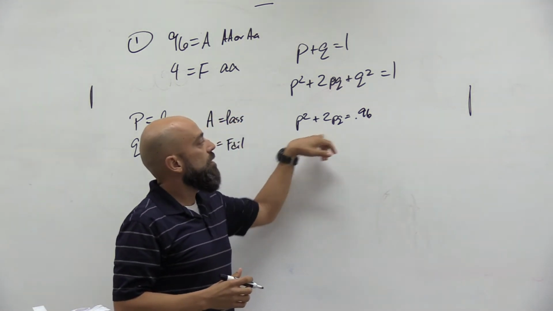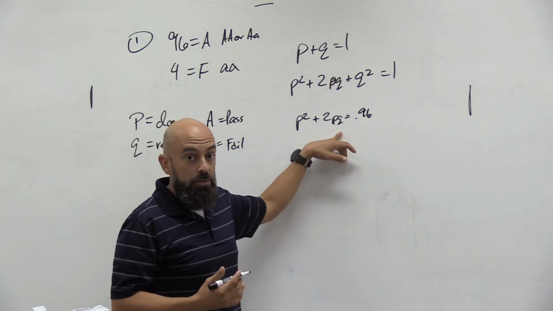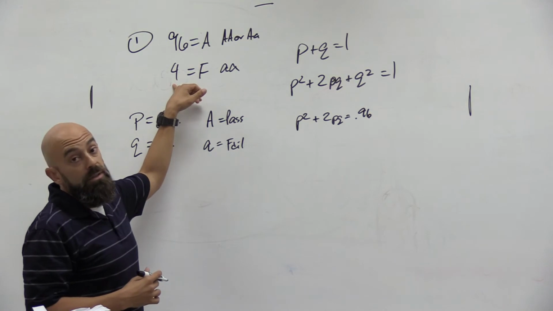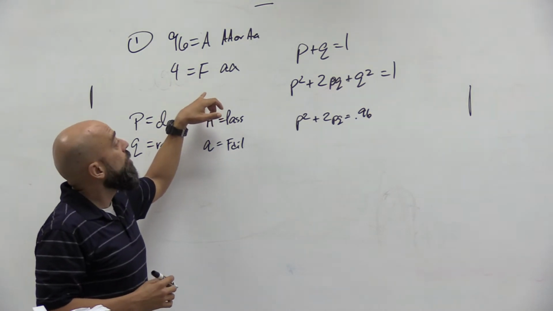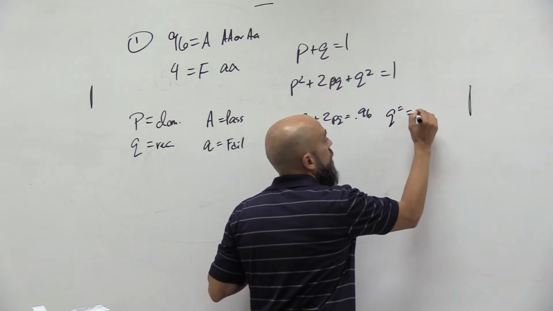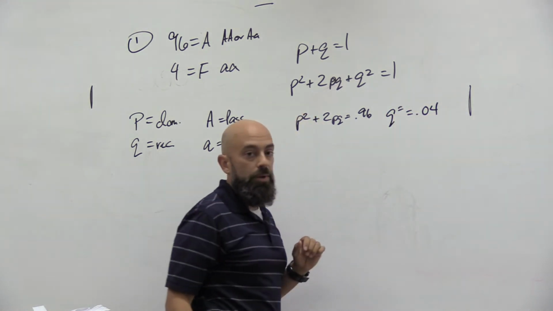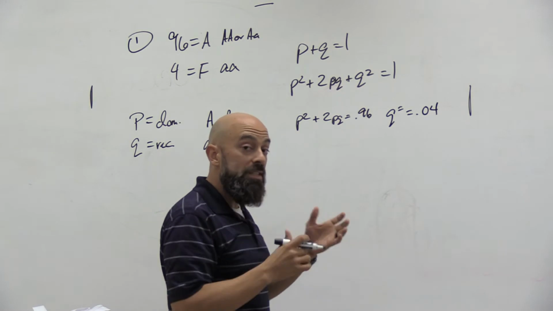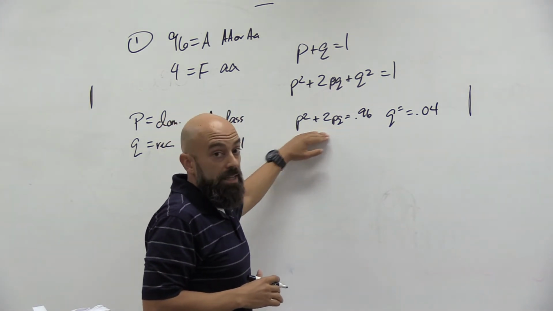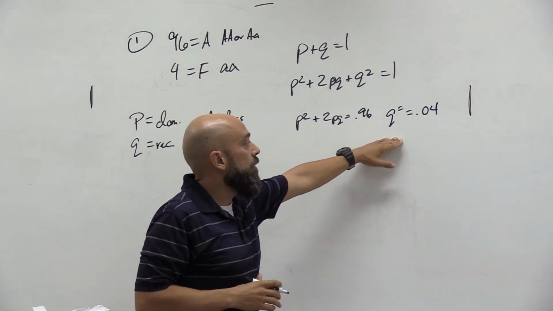But I can't do anything with that formula. We've got 2 unknown variables, and there's nowhere else for me to go. But if I talk about the ones who failed, which is 0.04, they can only be one thing: Q squared. So Q squared is going to equal 0.04. That's why you always have to start with the recessive phenotype. If you try to do anything with the dominant, you're going to get stuck. So you've got to do recessive first.